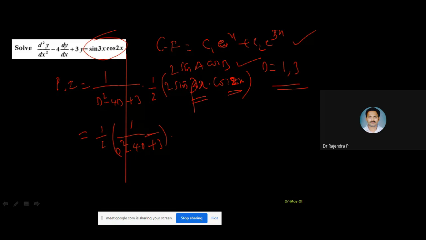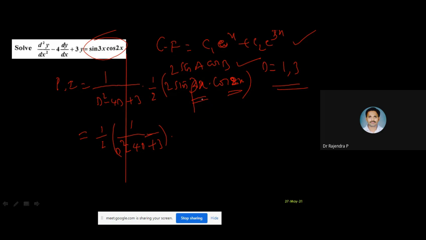Cos of A minus B minus cos of A plus B. We have not yet applied the formula. No, sir, that is the formula: cos of A minus B minus cos of A plus B is 2 sin A cos B. You check it one more time. That is sin(A plus B) plus sin(A minus B) form.